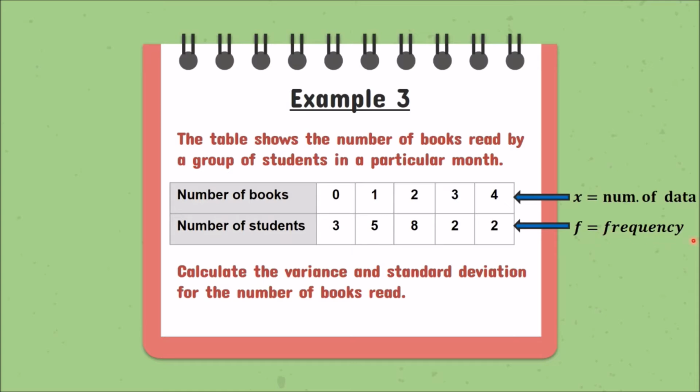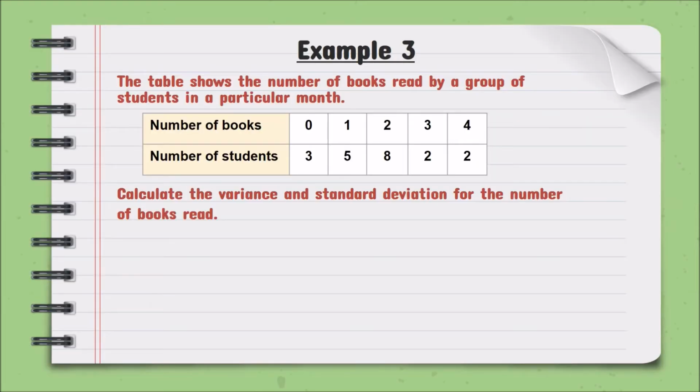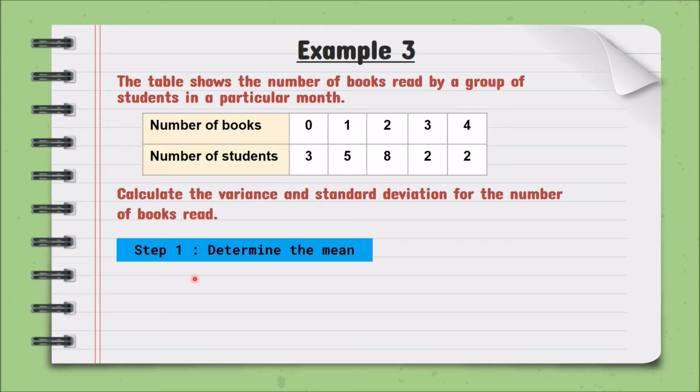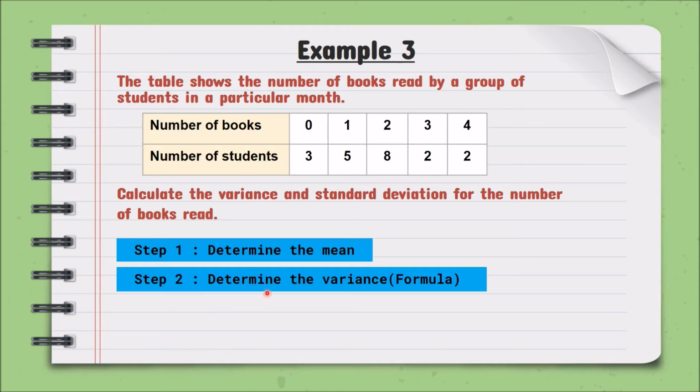So if we see this frequency table, we must use the formula for frequency table. There are 3 steps to solve this question. The first step is determine the mean. The second step is determine the variance using the formula of variance.